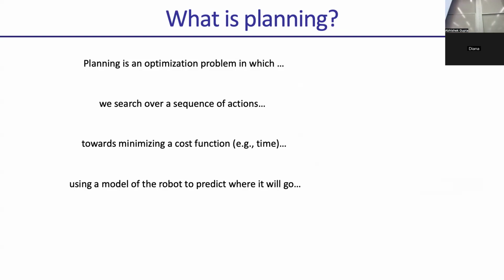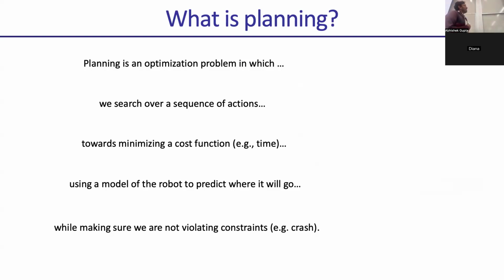You're going to use the world model to do planning, right? The world model tells you where your robot can and cannot go. And you're going to make sure that in this process, you're not violating constraints. So if you ever want to think about planning, it's just this problem. You want to get from A to B. You want to find a sequence of actions that minimize the cost while not violating constraints, using the model of the system.